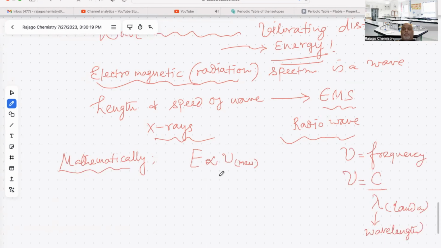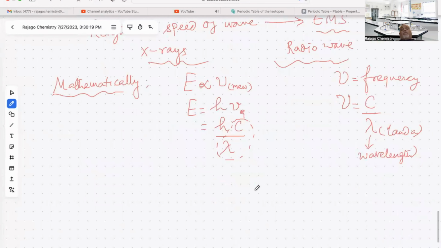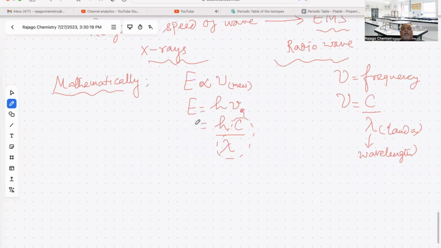So E is equal to h nu, which is equal to hc by lambda, because nu is equal to c by lambda. So in this formula, E is equal to hc by lambda.